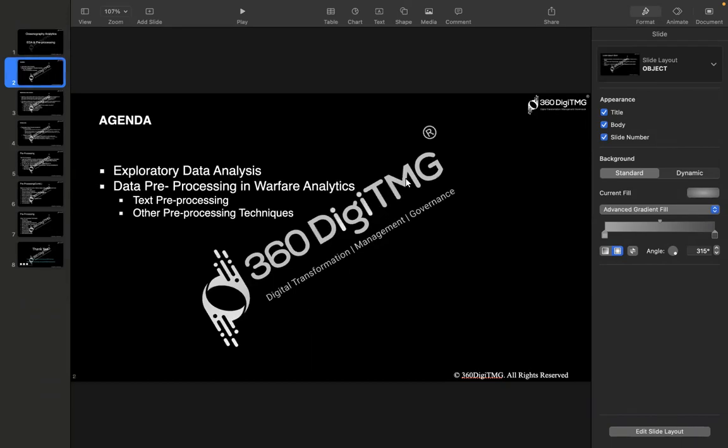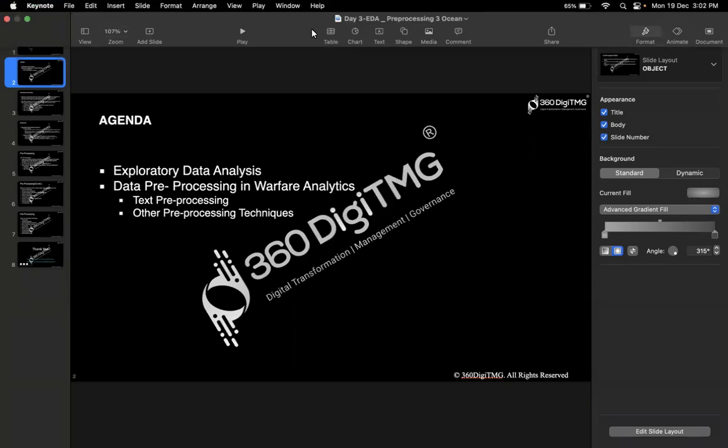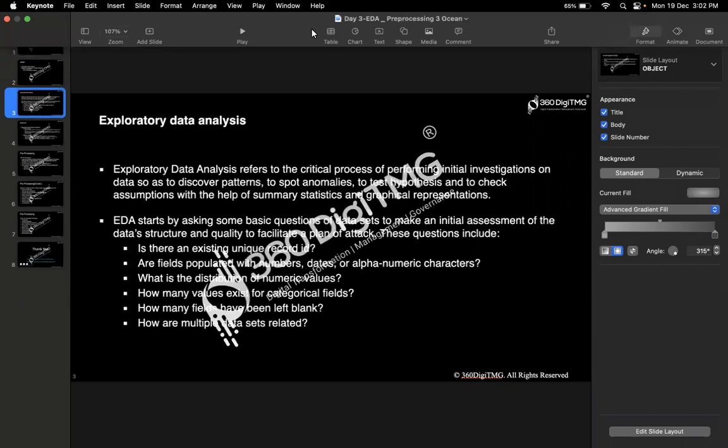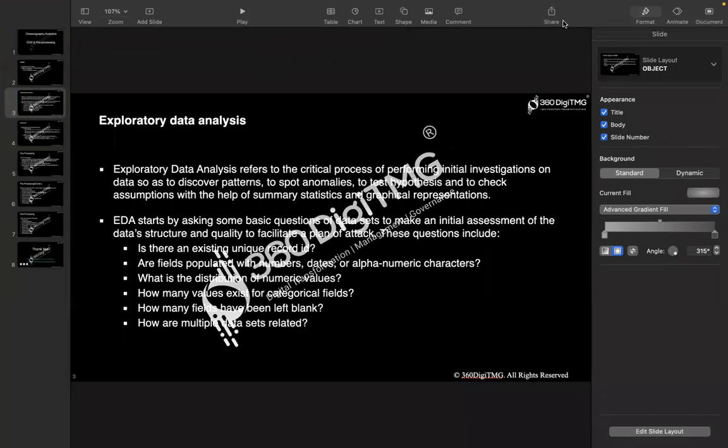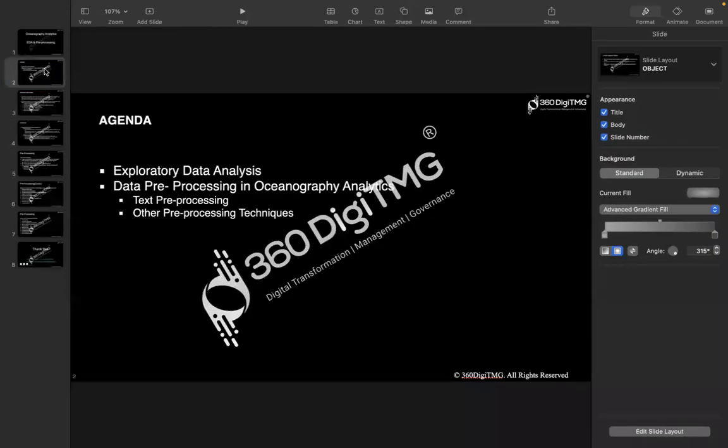Today's agenda is EDA, exploratory data analysis, and what data pre-processing is.